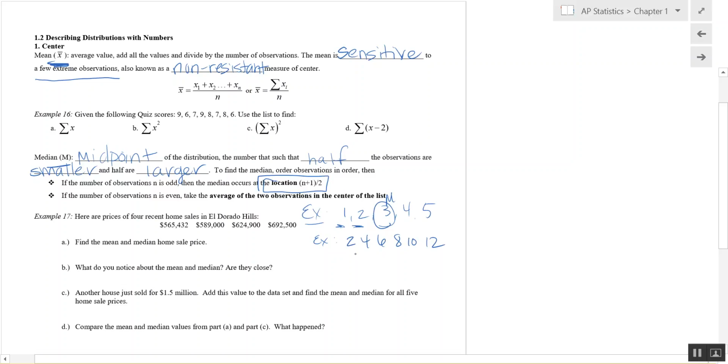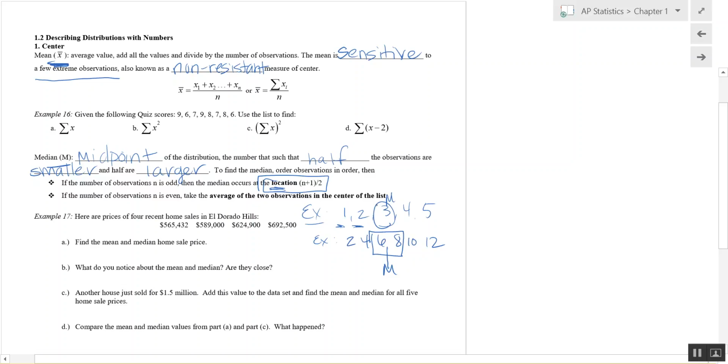Another way to do that: I have 6 observations, plus 1 following this formula is 7 divided by 2, which is 3.5. So it's going to be in between the third and fourth value. That's where your median is going to be, the average of those. In this case, it'd be 7. Again, that just tells you the location.